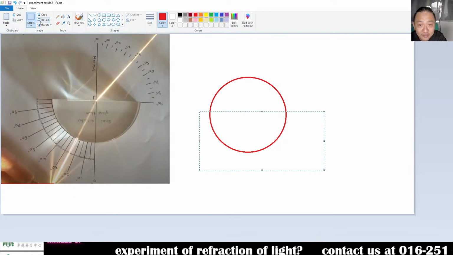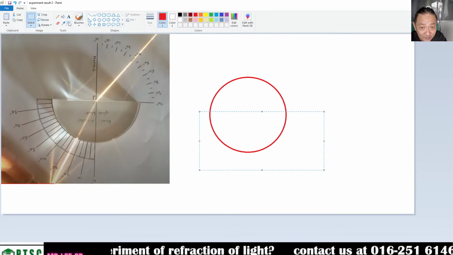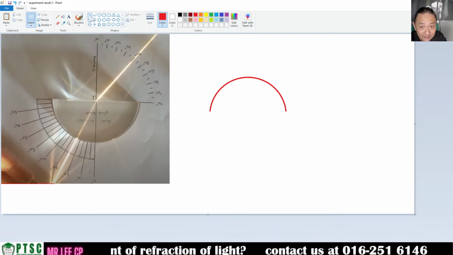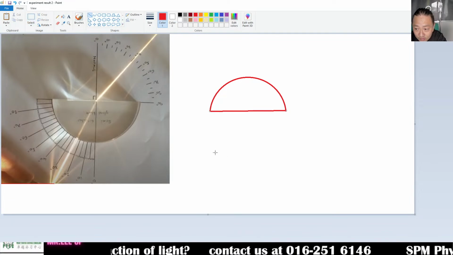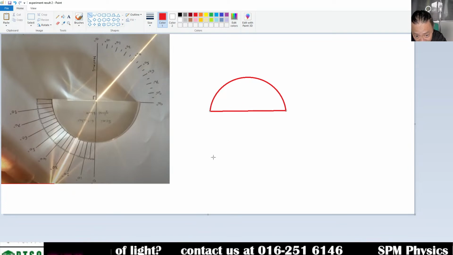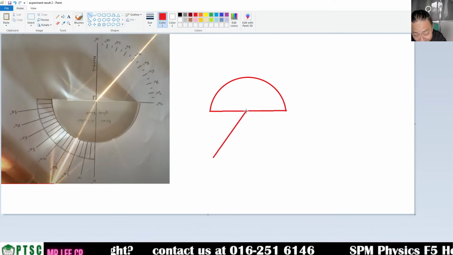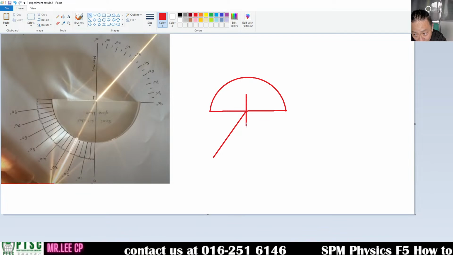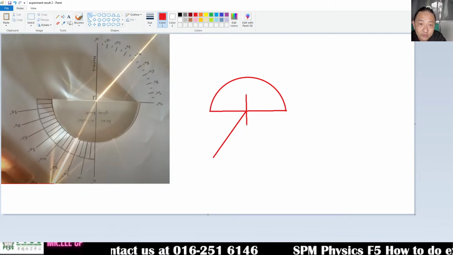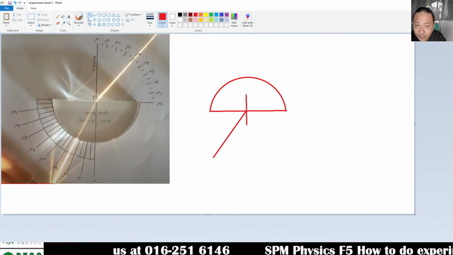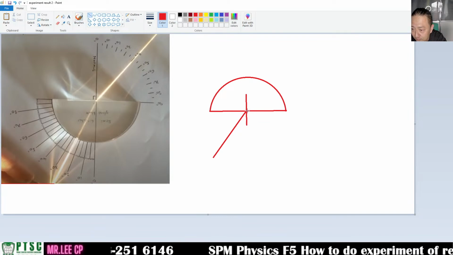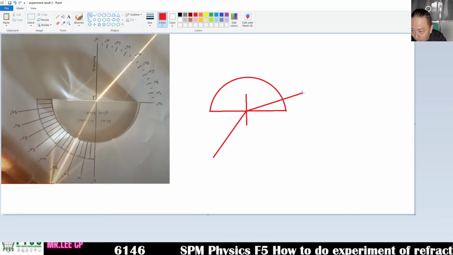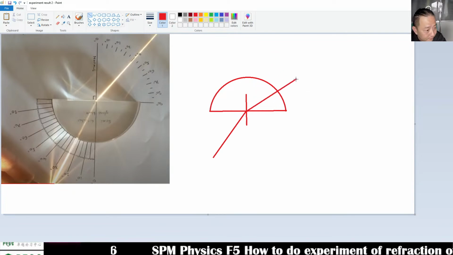Alright, I'll explain to you one more time. You see, this is denser, this is less dense. The light travels from A to the glass. Alright, then what will happen? You answer me: does it bend toward or away?